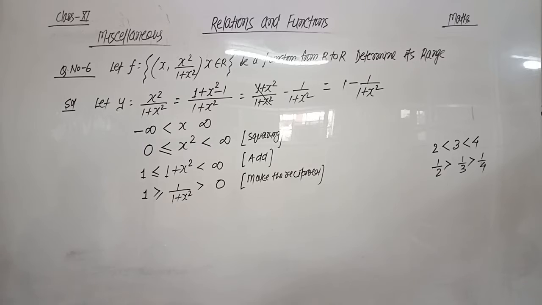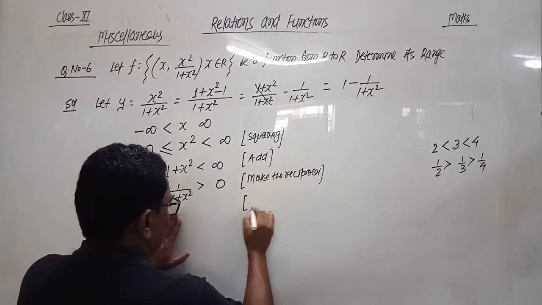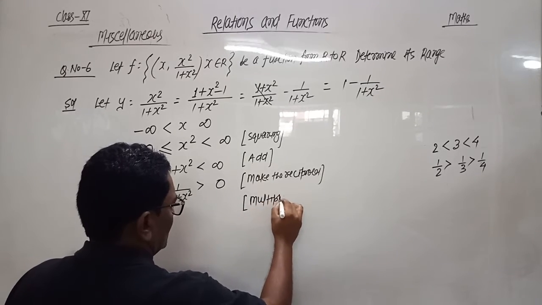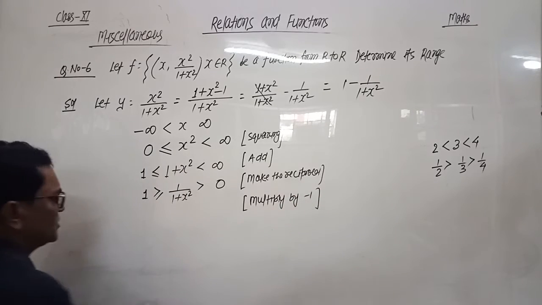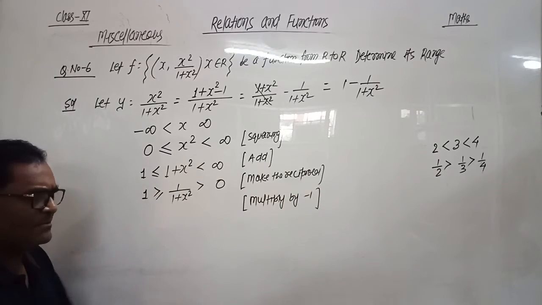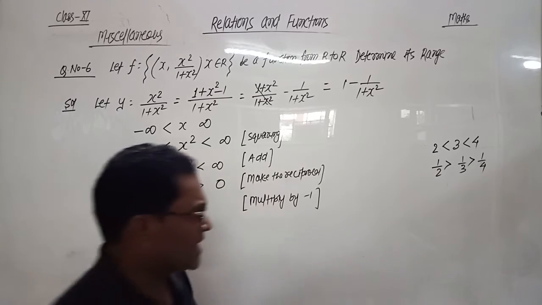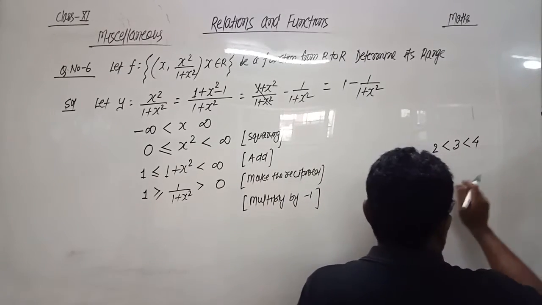Now multiply by minus 1 in each of these terms. When we multiply by a minus sign, the sign of inequality again gets changed. Suppose 2 is less than 3, which is less than 4.